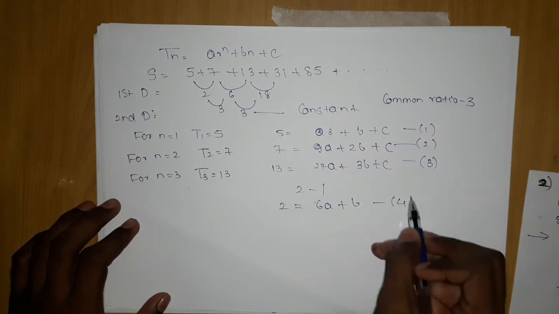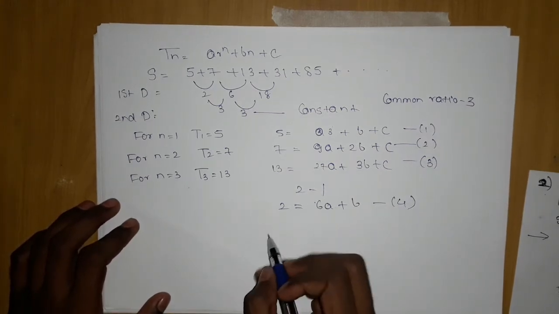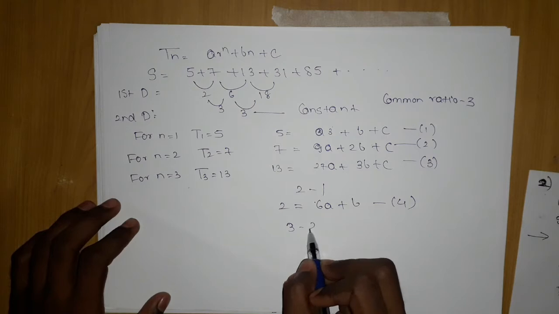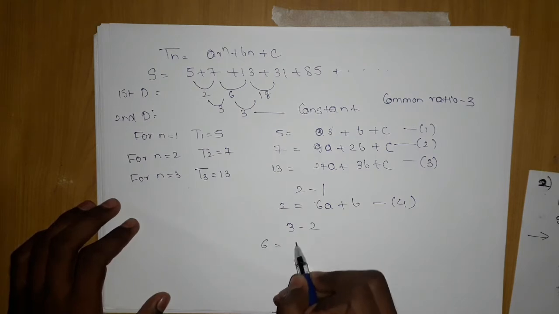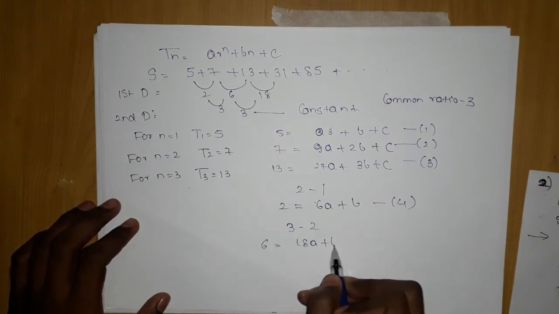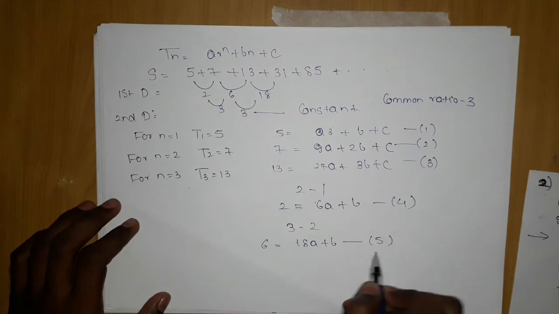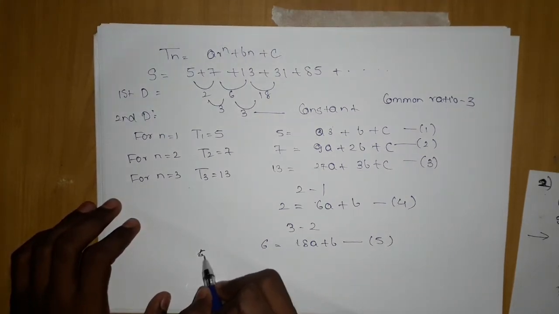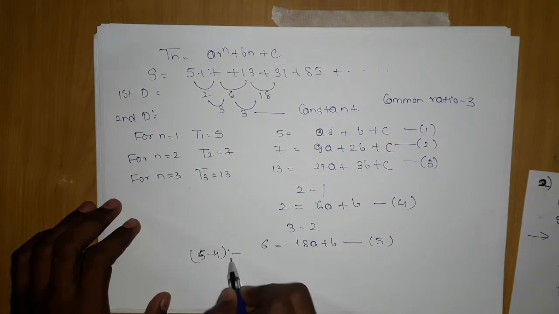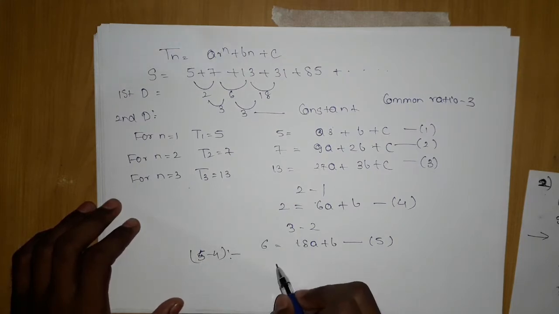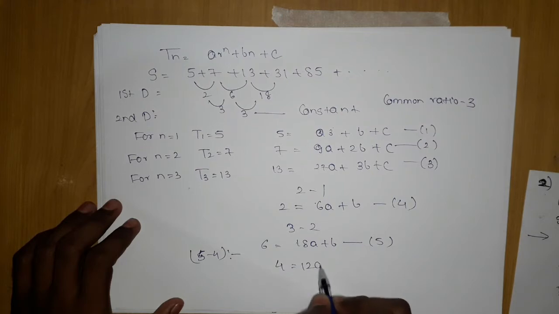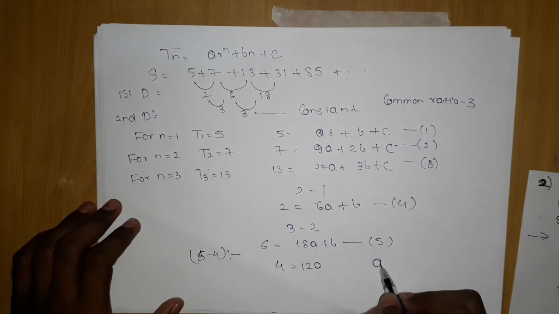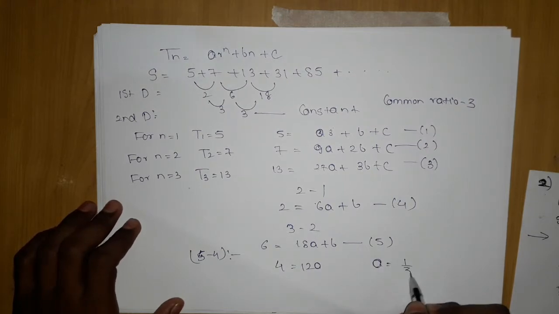Let's name it 4. Then 3 minus 2 gives 6 equals 18a plus b. Name it 5. After this, if I do 5 minus 4, I get 4 equals 12a, which gives a equals 1 by 3.